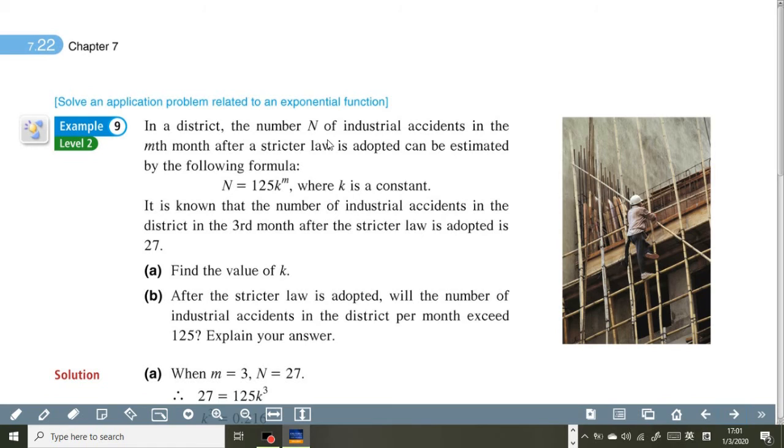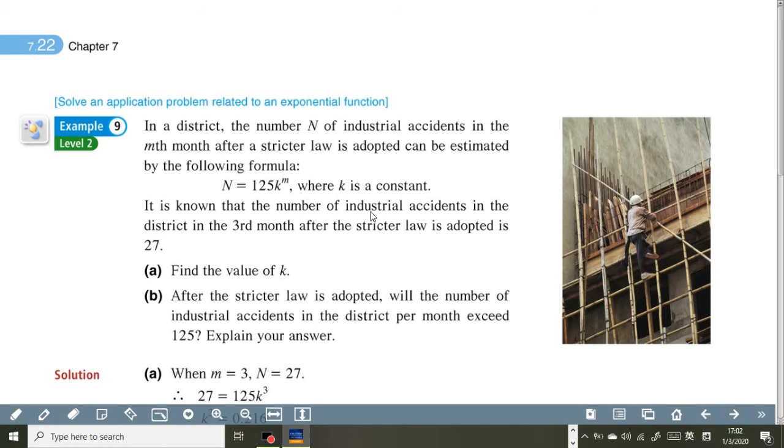Another example will be like this. You are not given the initial condition, but you are given the constant k here, but you are not given the base and the power. So you have a district where the number n of industry accidents in the m-th month after a stricter law is adopted is like this.